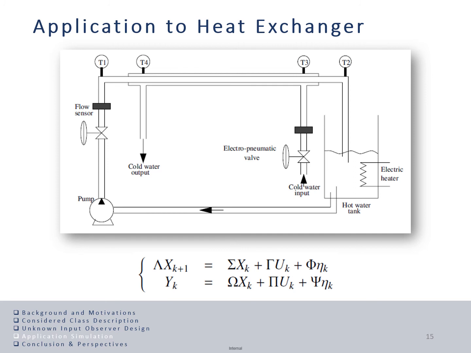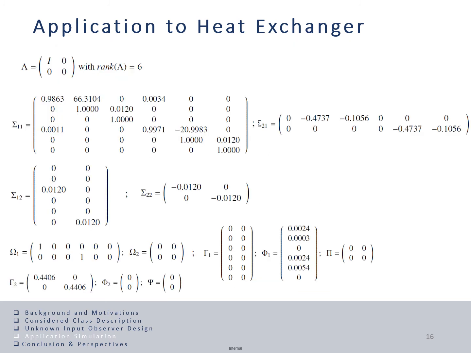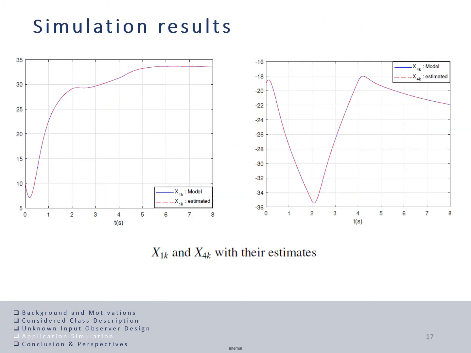The discrete time model is obtained by using the Euler discretization method. The numerical values of all matrices are given as follows, and we can easily see that sigma 22 is invertible, so we can apply our proposed approach for the unknown input observer design.